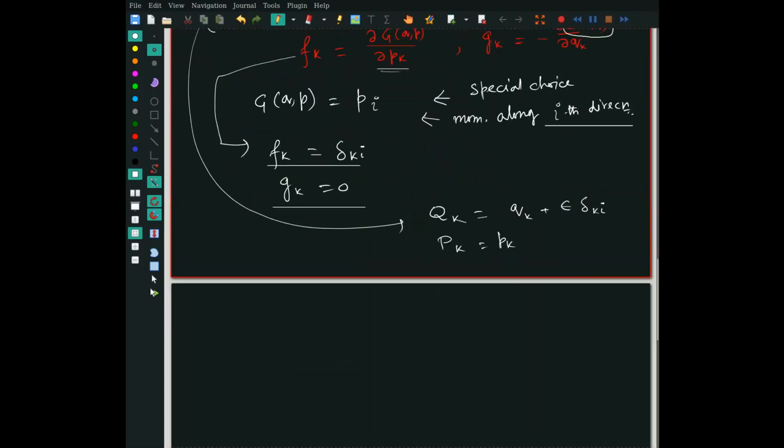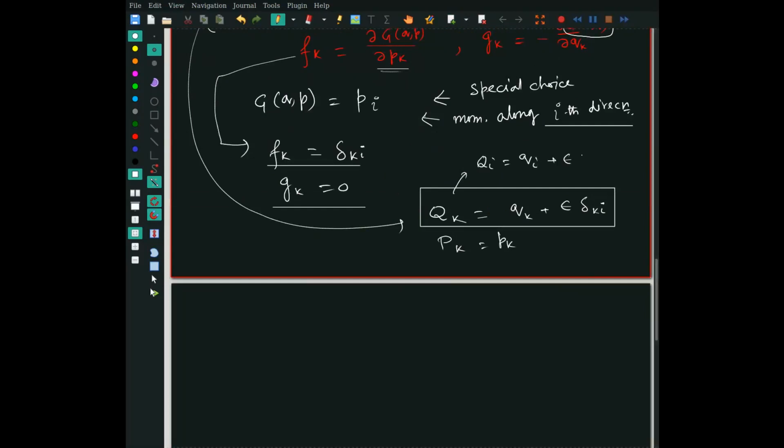So you notice that this represents just a translation in the ith direction. For k equals i, Q_i is basically q_i plus epsilon, and everything else remains where it was. So the resulting transformation that you got is just a translation in the ith direction.